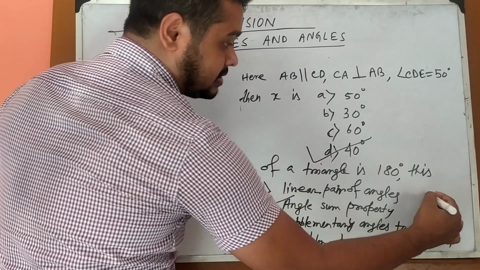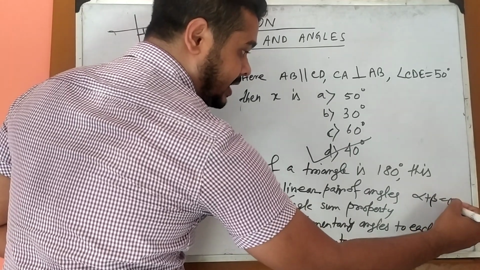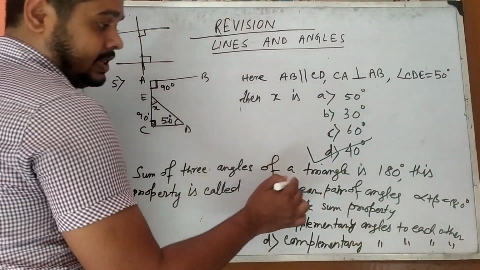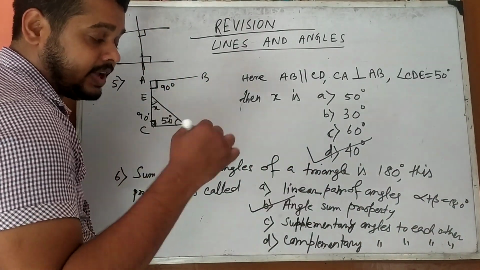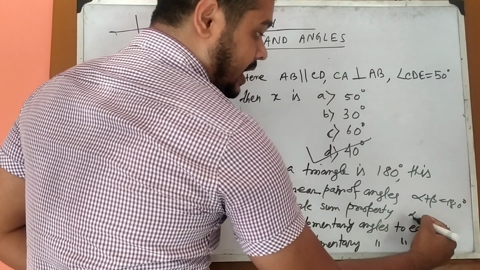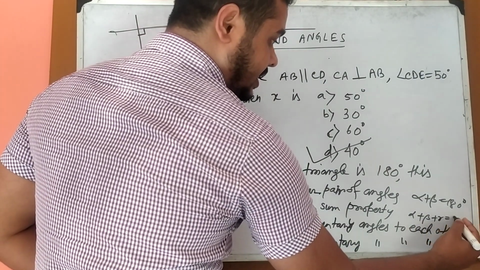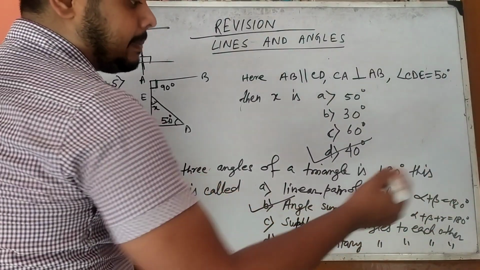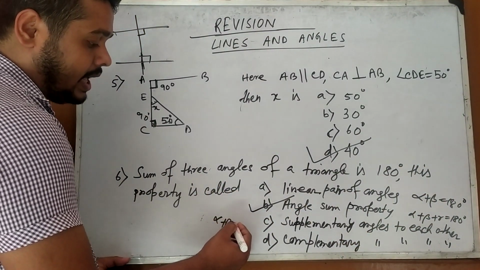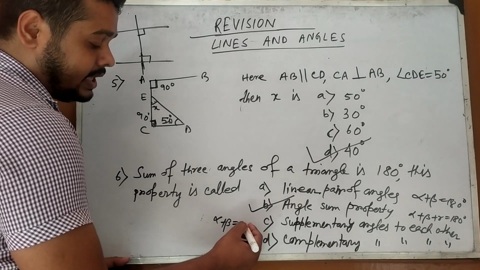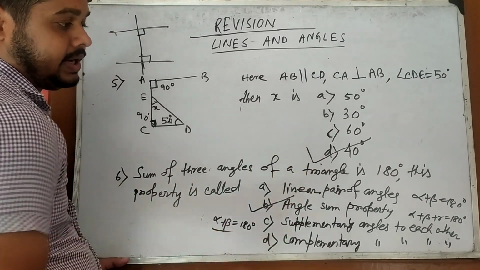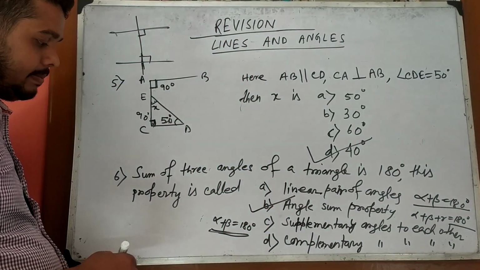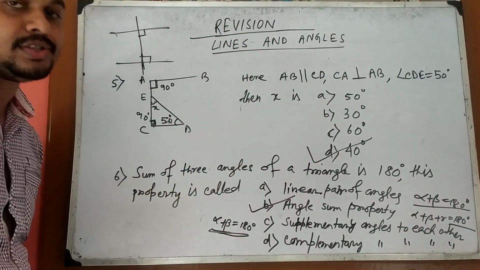Because this time also the sum of two angles is 180 degrees. If the sum of two adjacent angles is 180 degrees, then they are called linear pair of angles. If the sum of three angles is 180 degrees, that time it is called angle sum property. And besides that, supplementary means if the sum of two angles is 180 degrees, then they are also called supplementary. In all these three cases the sum is 180 degrees, but this is the angle sum property.